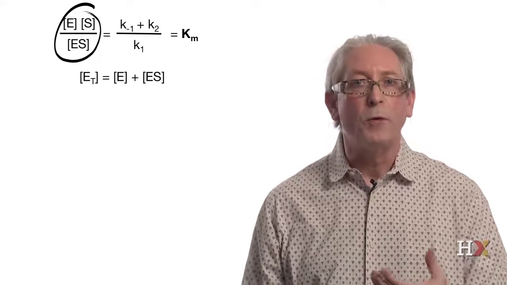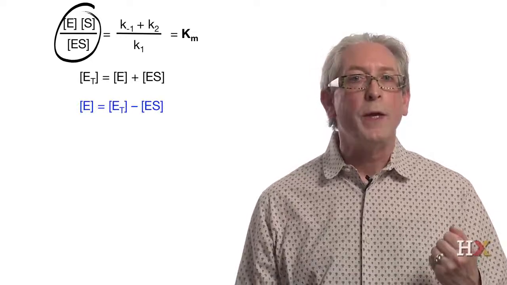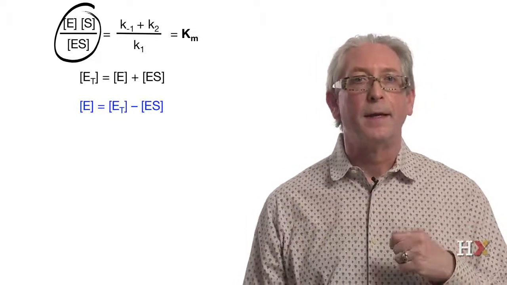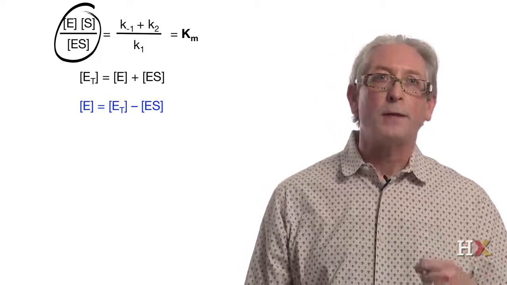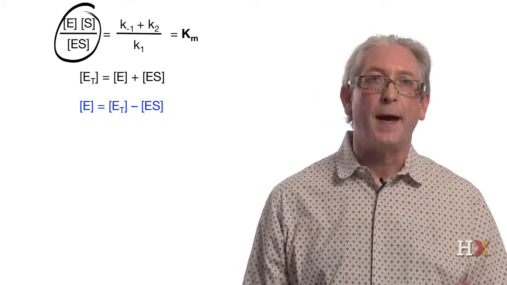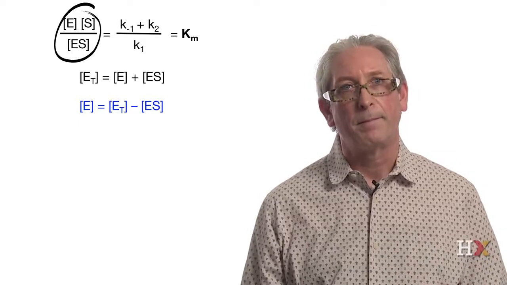So we have a new equation, and in our equation for Km, we can replace E, the concentration of free enzyme, by the concentration of total enzyme minus the concentration of enzyme substrate complex.